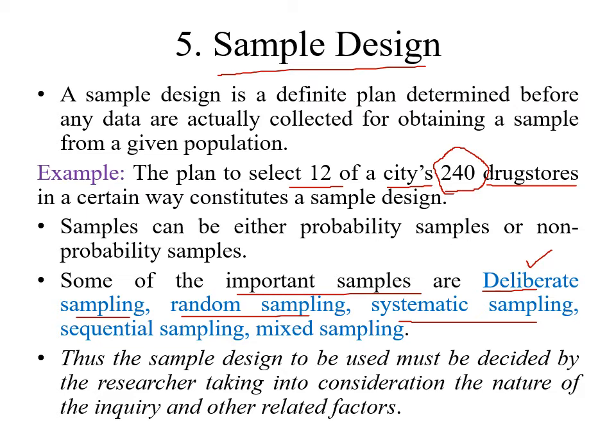Then sequential sampling, like ascending or descending order, smallest to largest or largest to smallest. These are some of the sampling done in sequence. And mixed sampling, where you can use any kind of methods. So these are some of the sampling techniques used to do the data collection.